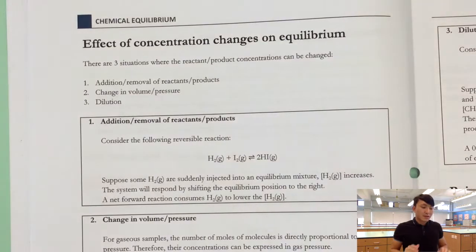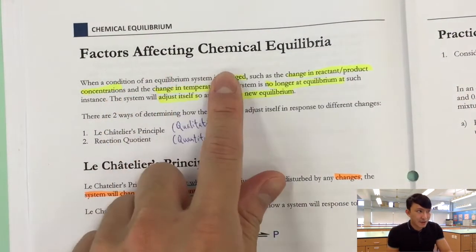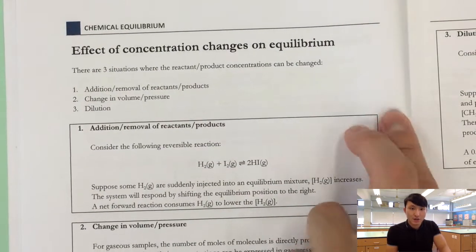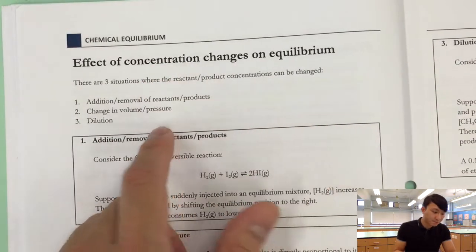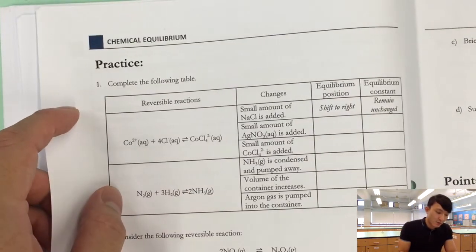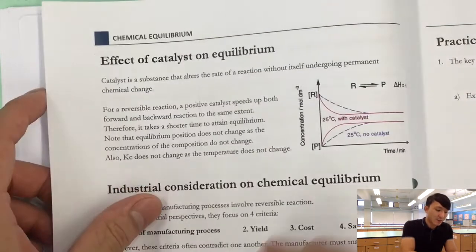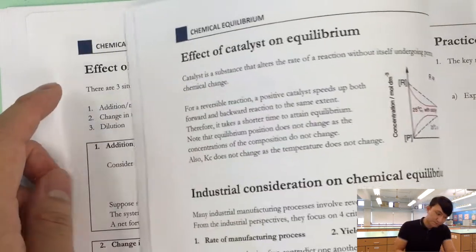Alright, so like I said, this part is talking about factors affecting chemical equilibrium. So we need to know what factors we are focusing on. Concentration is one of them, and later on we will talk about temperature, and then catalysts. So 3 factors.